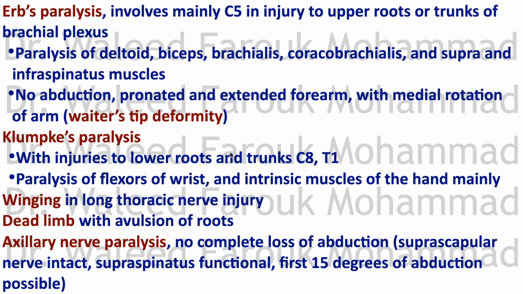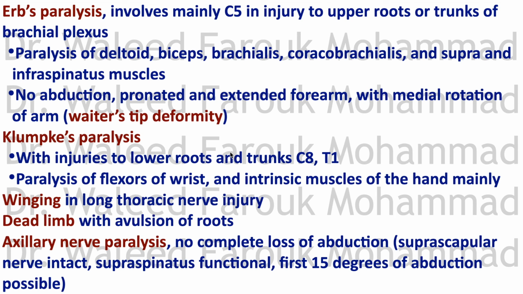We have the so-called Erb's paralysis, involves mainly C5 injury, so it's an injury to the upper part of the brachial plexus. Injury to C5 will result in paralysis of deltoid, biceps, brachialis, coracobrachialis, supra and infraspinatus muscles.